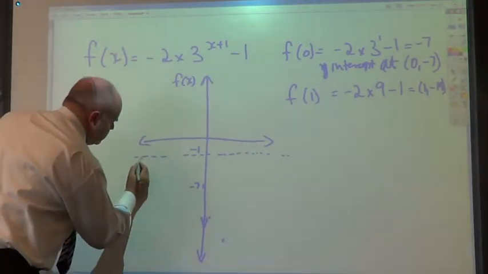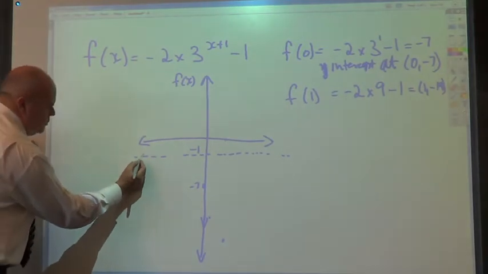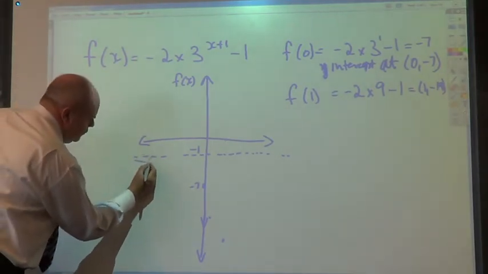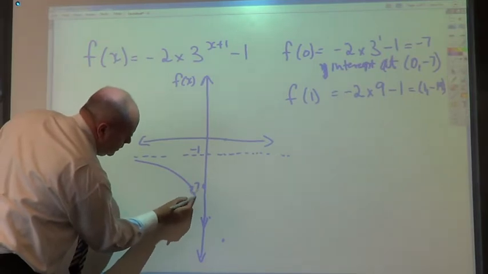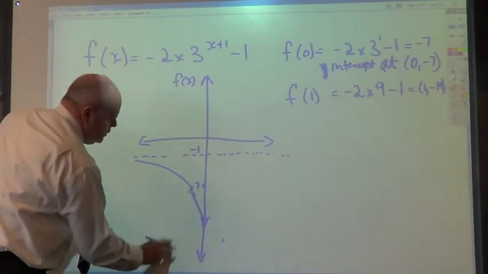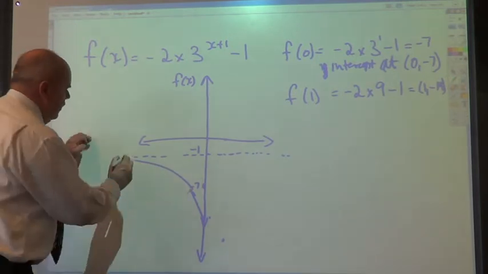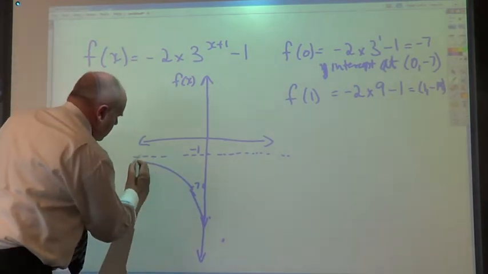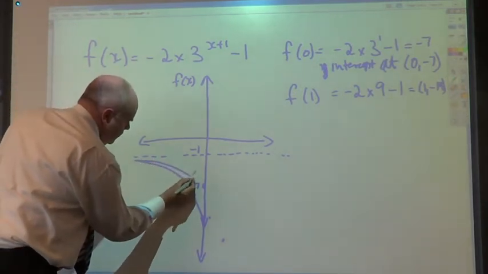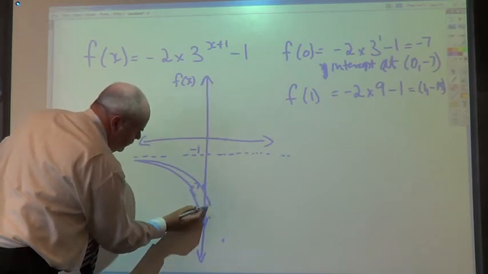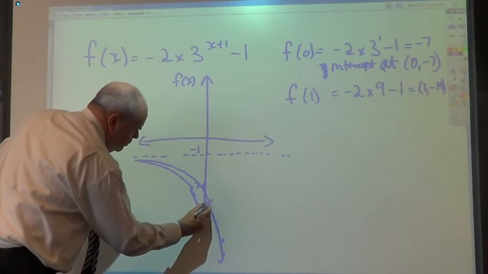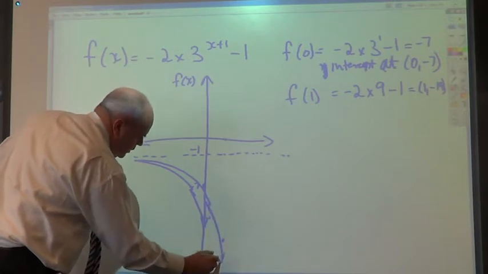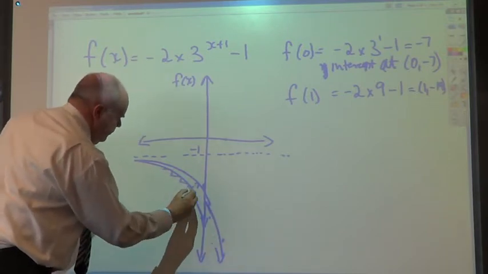It's going to look like this. It's approaching the asymptote, of course, and it's going to go sharply down like, sorry, that's misdrawn, that's the y-intercept, so down like so. And my line didn't line up too well there, but you get the idea.